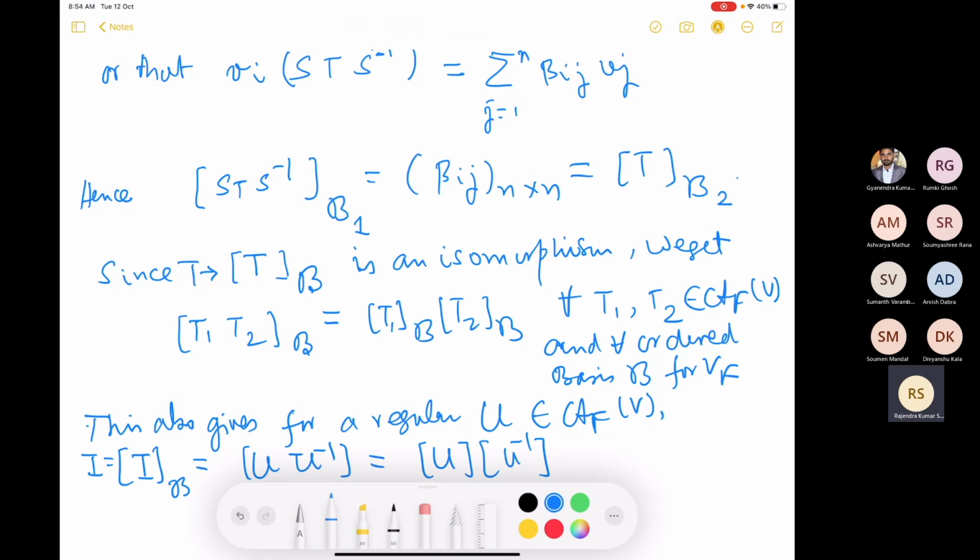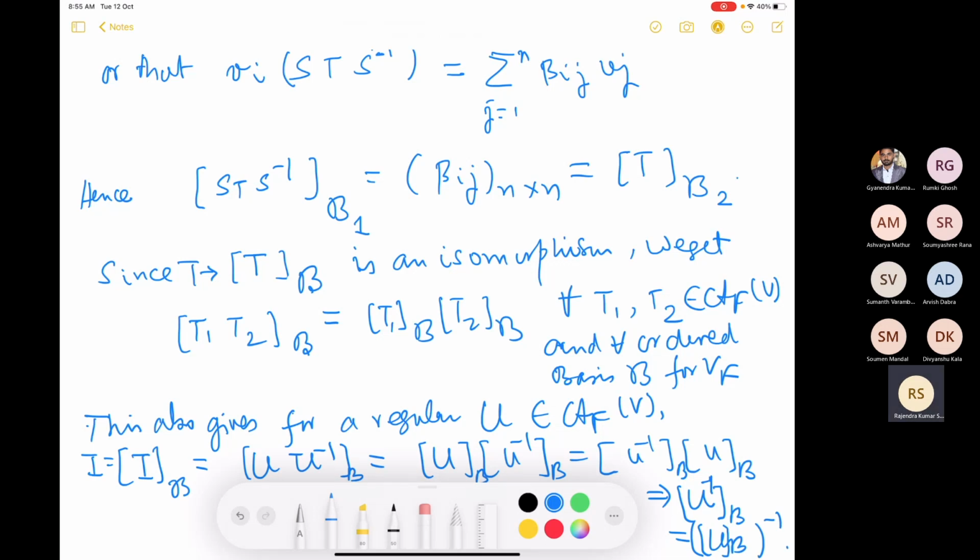And you can also see that U inverse U is also the identity. So that makes the matrix of U inverse with respect to the ordered basis B actually the inverse of the matrix of U with respect to this ordered basis B.